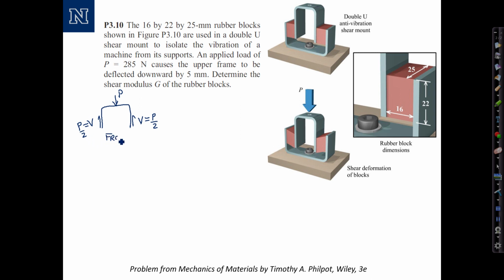This is the frame specimen. Then next to the frame we have these rubber blocks, and let's go ahead and draw a picture of one of the deformed rubber blocks.